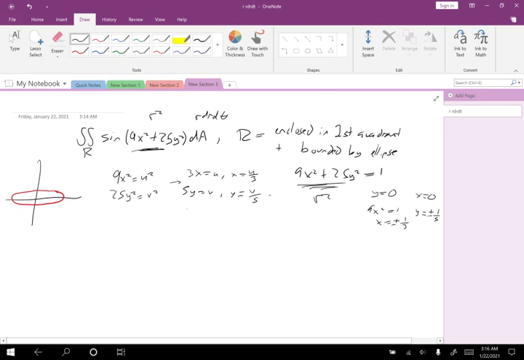And so the Jacobian, dx dy will get 1/3 times 1/5 du dv. The Jacobian is 1/15. Okay? And so now our region R becomes just an ordinary unit circle.